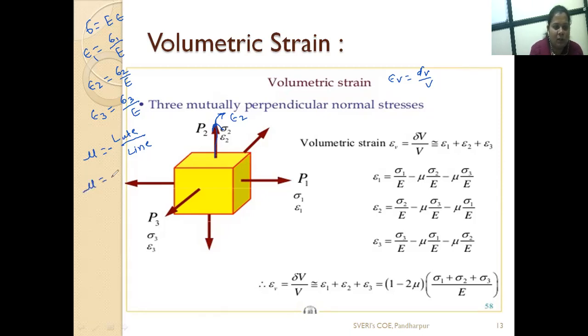So mu is equal to minus epsilon 1 divided by epsilon 2. Sorry, I have written it wrongly. Load is applied on plane 2, so whatever strain is generated is called axial strain.